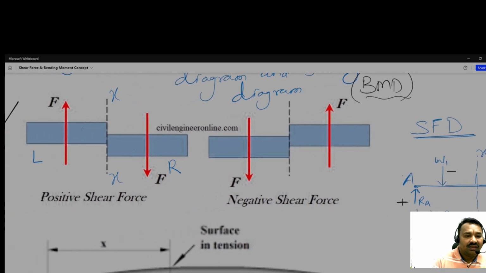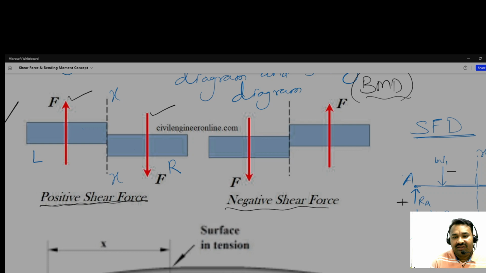You can see the positive shear force on the beam: this is the upward load, and this is the downward load. Okay, so if on the left side it is an upward load, then we take positive, and on the right side downward, this combination we say positive shear force.